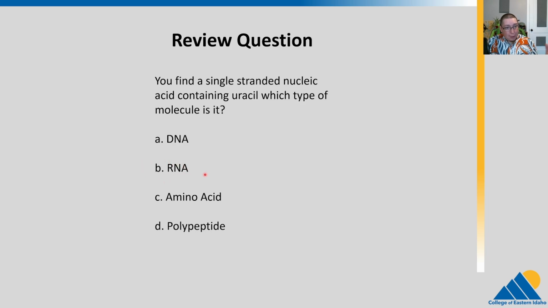It's a nucleic acid, so you only had two choices, right? You had DNA or RNA. Those are our two nucleic acids. And here, I've told you that it is single-stranded and contains uracil. That would indicate that it is RNA. We will talk about what amino acids and polypeptides are in just a second, but they are not nucleic acids.